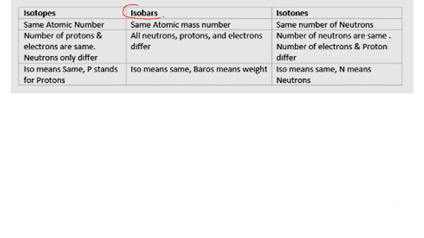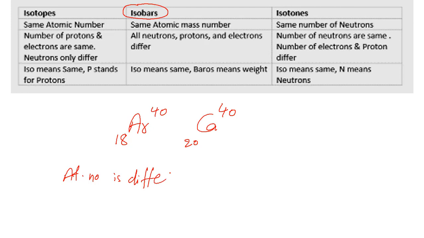Isobars. Isobar: same atomic mass. See here, argon is 40, calcium 40. Atomic numbers are 18 and 20. Atomic number is different, but atomic mass is the same.